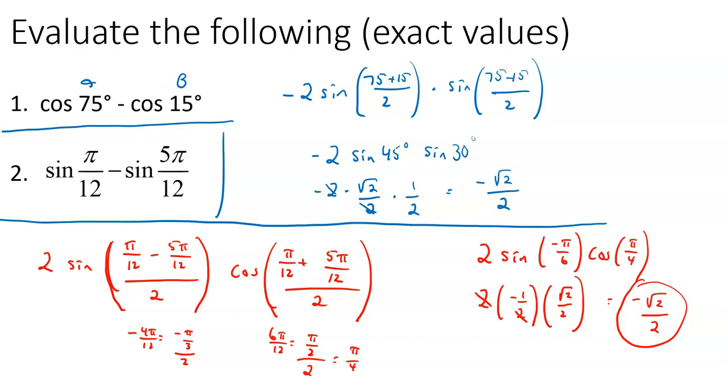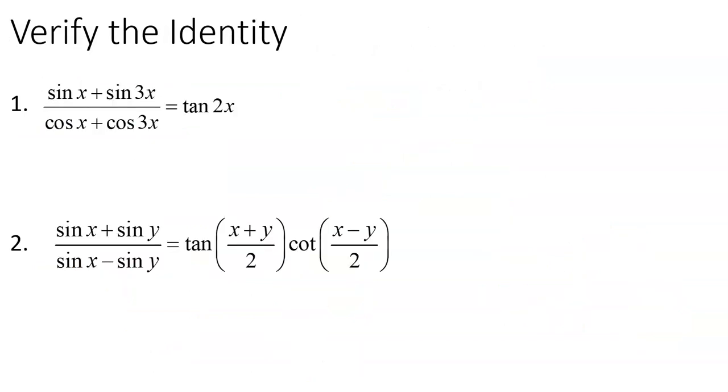All right, last thing we're going to do in this section is we're going to work on verifying some identities. So look at this first one. The sine of x plus the sine of 3x over the cosine of x plus the cosine of 3x. Let's work on each one separately and then bring them together at the end.